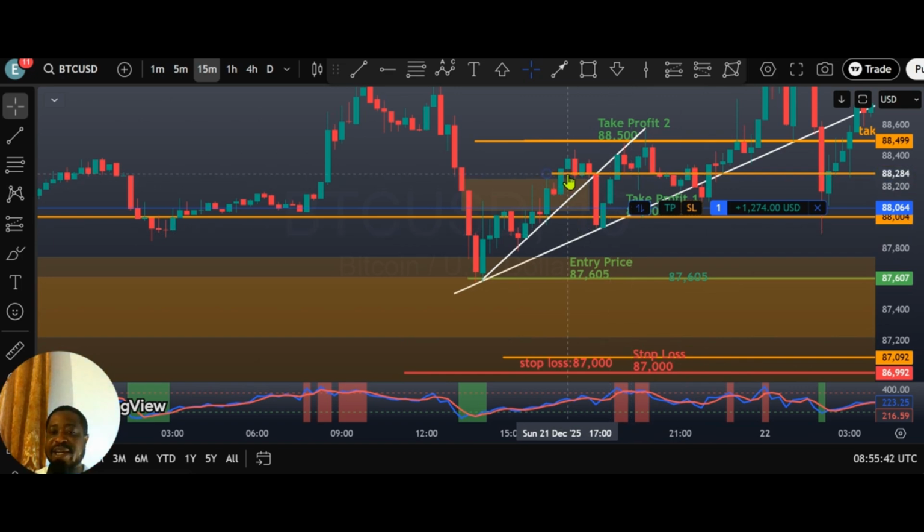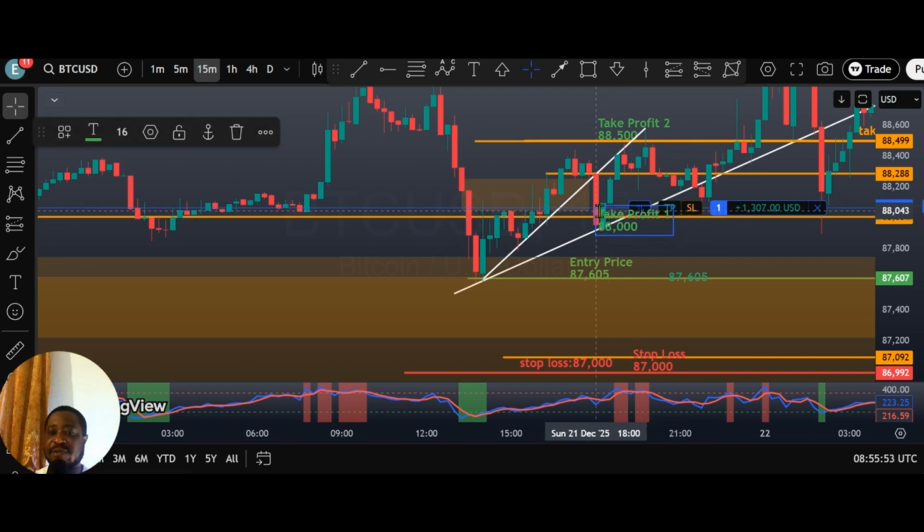The first take profit was around 88,000, and the second take profit was around 88,500. This was the signal that was given to us.